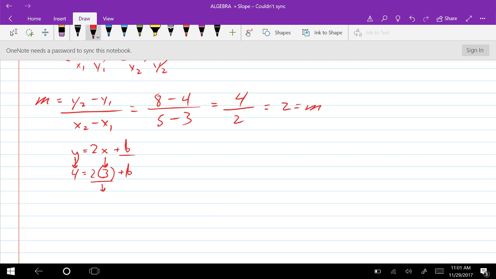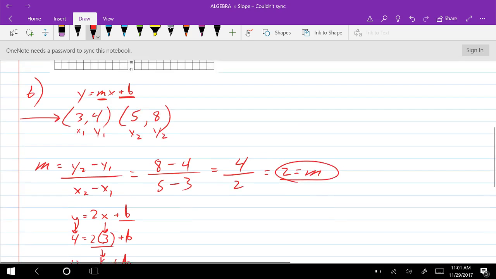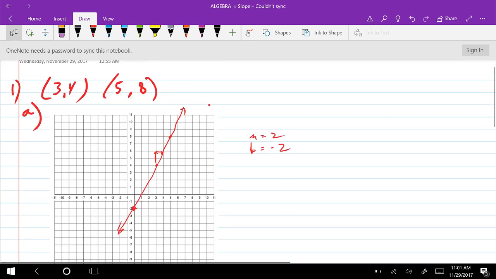2 times 3 simplifies to be 6. Subtract 6 from both sides. That's still b. 6 goes away on the right side, but 4 minus 6 is -2. m is 2 and b is -2, which is what I suspected from my graph.